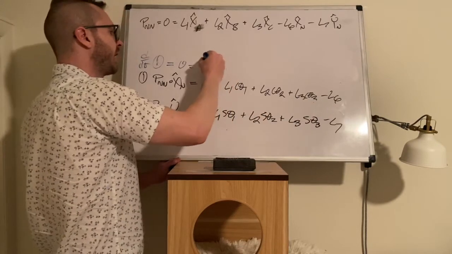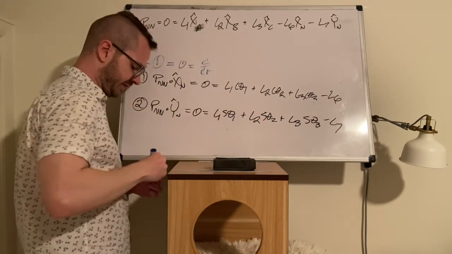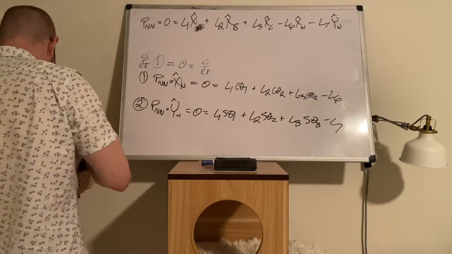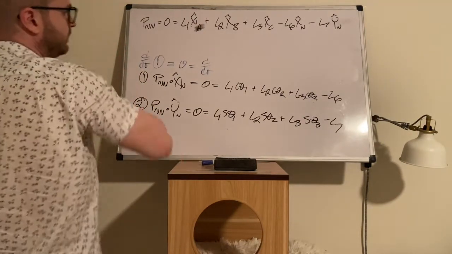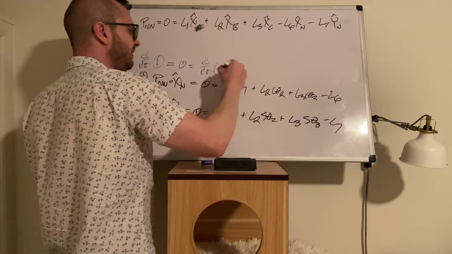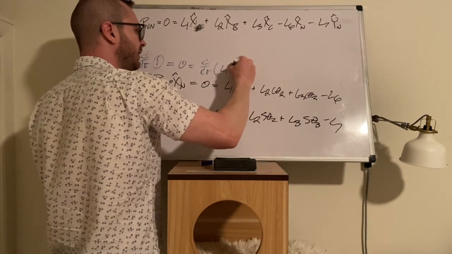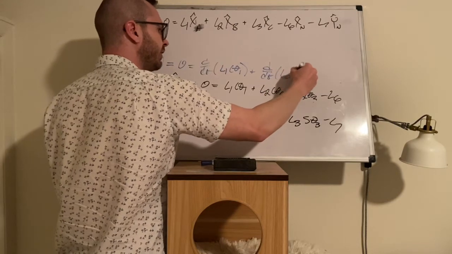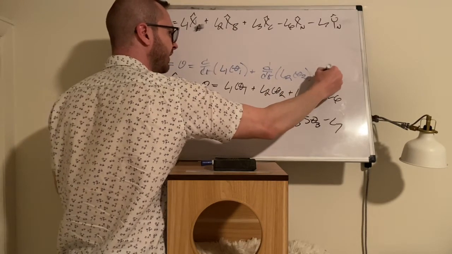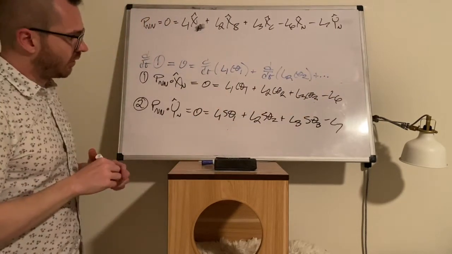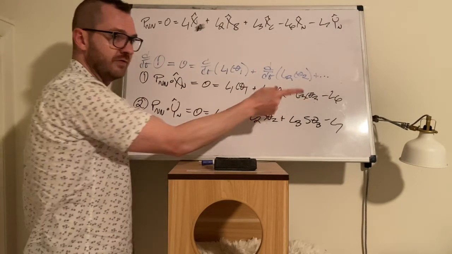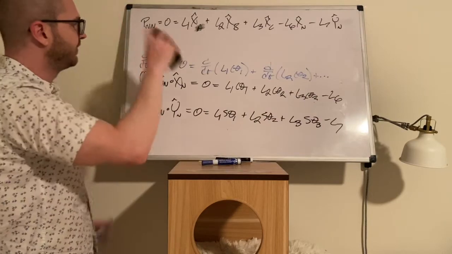So this is like writing d/dt of L1 cosine theta 1 plus d/dt of L2 cosine theta 2 plus dot, dot, dot. All right, so this is what I mean when I say linear distribute. Each one of these individually gets the d/dt.